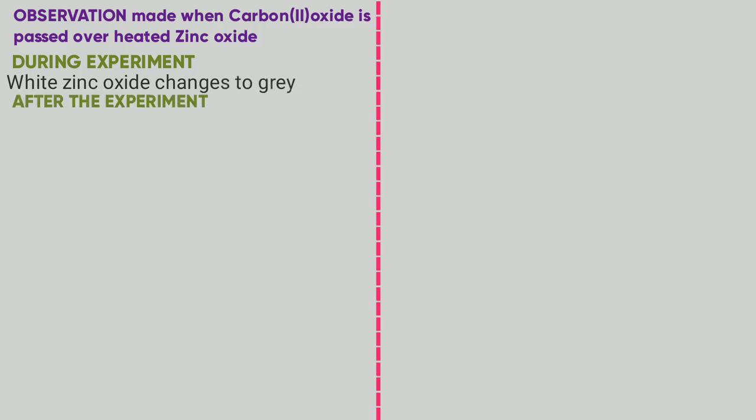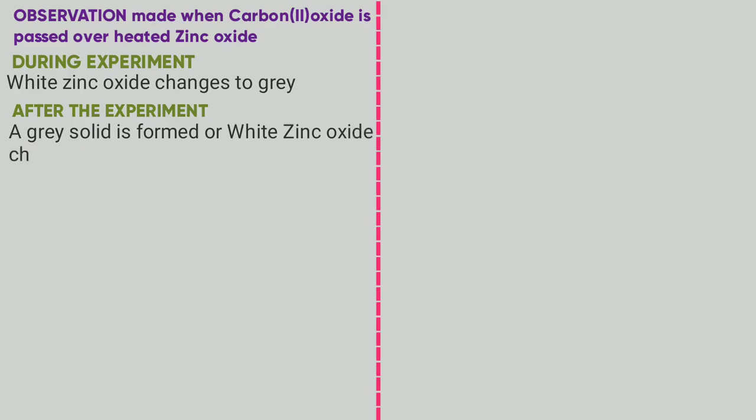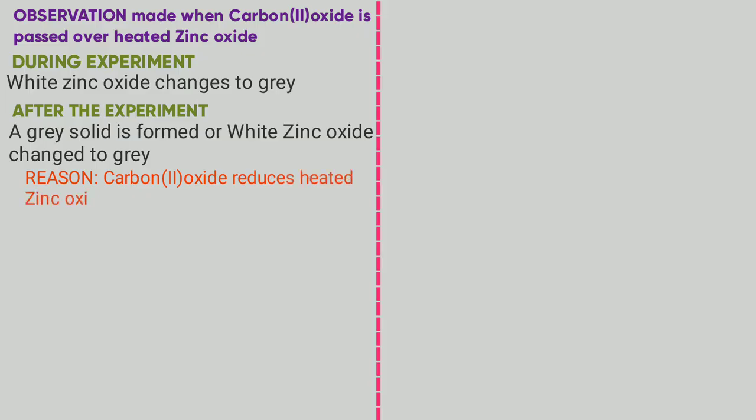After the experiment, a gray solid is formed, or you can say white zinc oxide changed to gray. The reason is carbon 2 oxide reduces heated zinc oxide to gray zinc metal while itself oxidized to carbon 4 oxide.